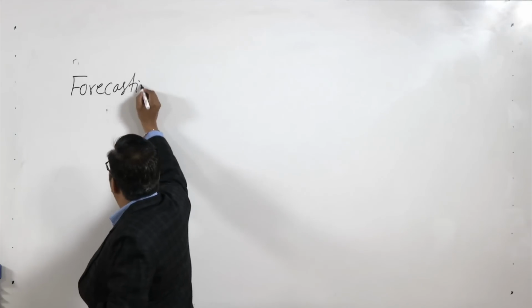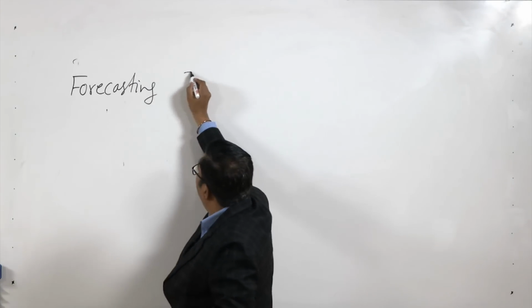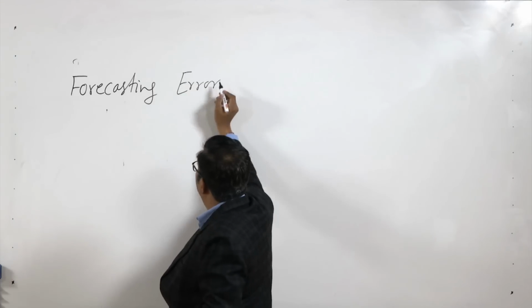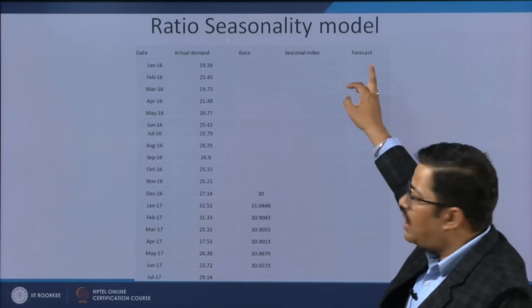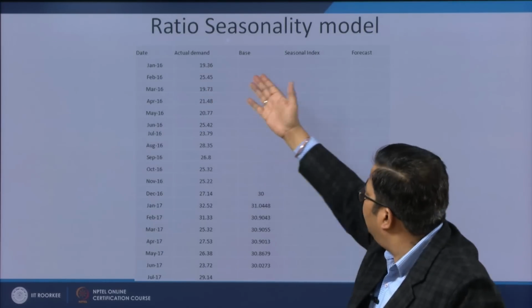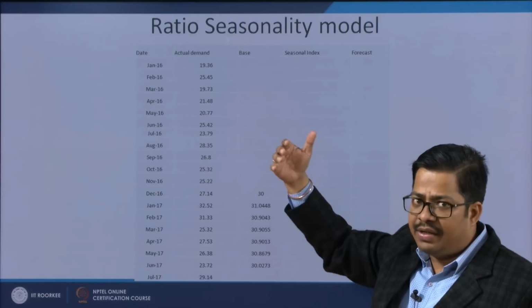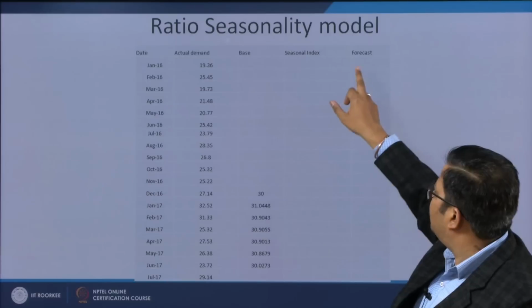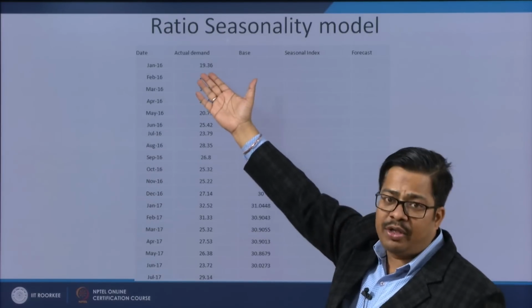we all know that forecasts are the tentative values for the future, and the actual demand comes later, like this, and the forecast which we have made. So let us say for January 2016, if I am forecasting in December 2015, the forecast can be, let us say, 21, but the actual demand is 19.36.